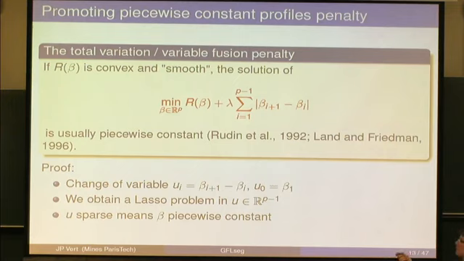Most of these beta i plus 1 minus beta i will be 0, like for the Lasso that puts the coefficients to 0, and this thing will be piecewise constant. So it's like a computationally efficient trick to have an objective function and find a vector beta which will end up having a potentially small number of change points, so it should be piecewise constant.